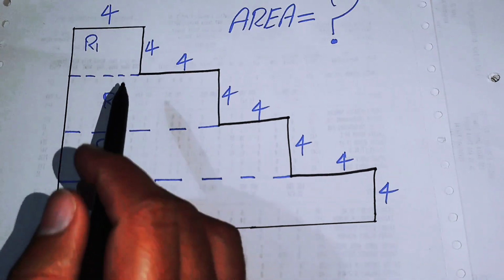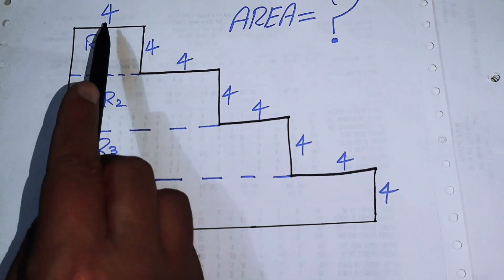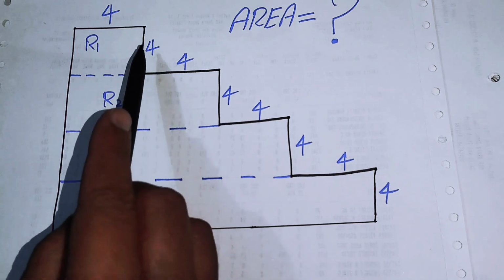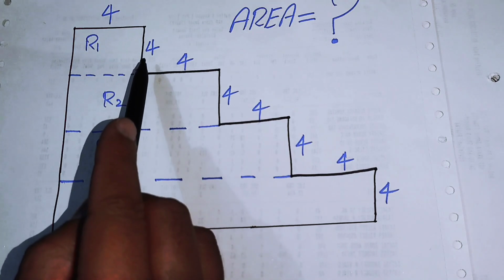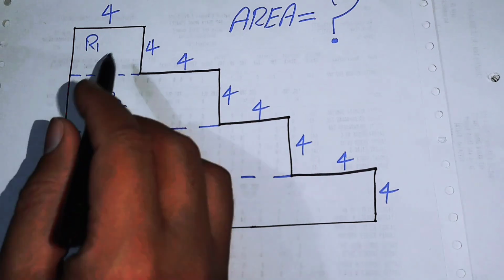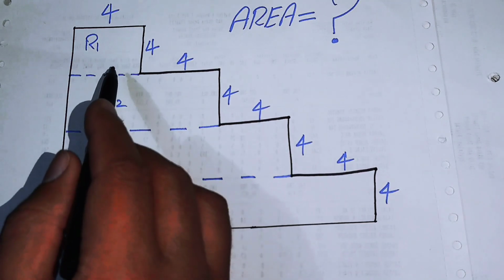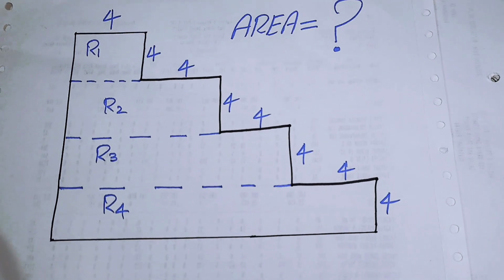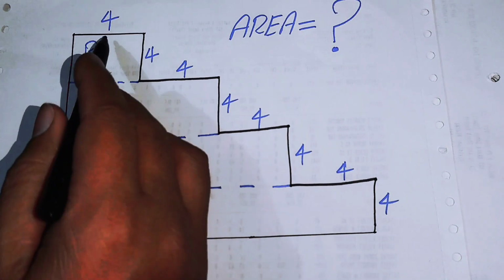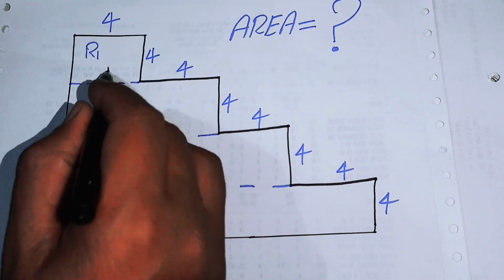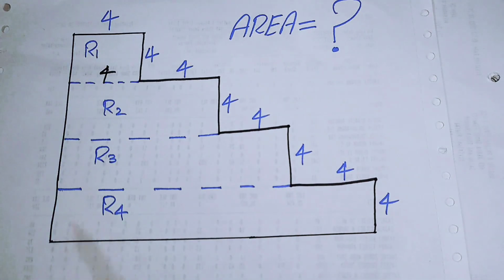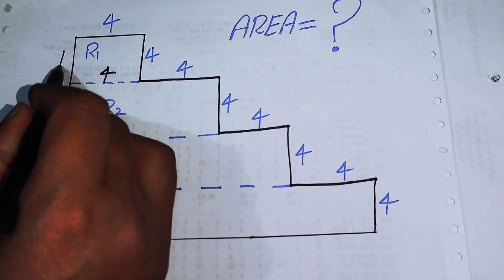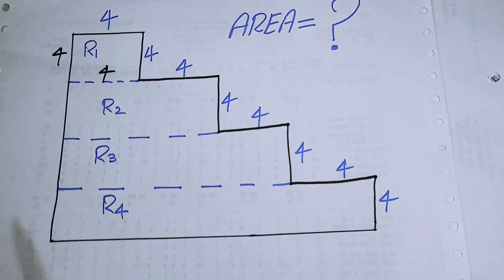Here you see that the length of this side is 4 and the length of this side is also 4. Because this is a rectangle, and you know that in a rectangle the lengths of opposite sides are equal, if the length of this side is 4, then the length of this opposite side is also 4.